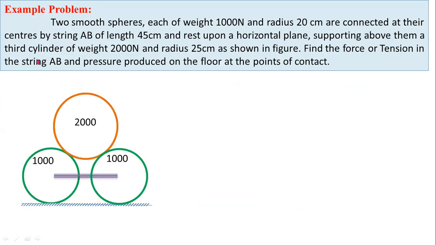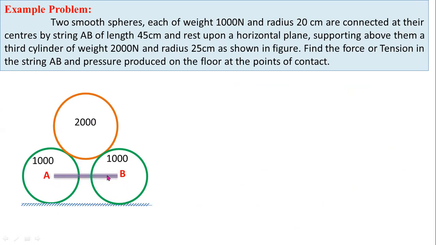Now coming to another example. Two smooth spheres, each of weight 1000 newtons and radius 20 centimeters, are connected at their centers by a string AB.